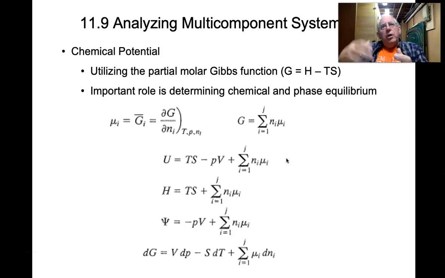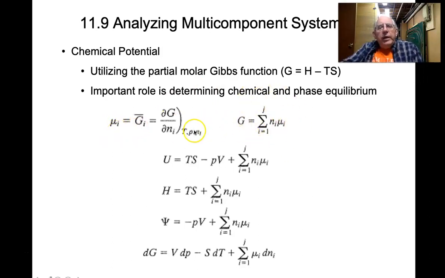Now, if we looked at just the oxygen and allowed the oxygen just to change slightly in how many moles, holding the number of moles of the nitrogen constant at the temperature and pressure of the mixture, and then obtain or determine how the Gibbs function, that thermodynamic property called the Gibbs function, changes with a small change in the number of moles of the one component, that would be the chemical potential for that particular component.